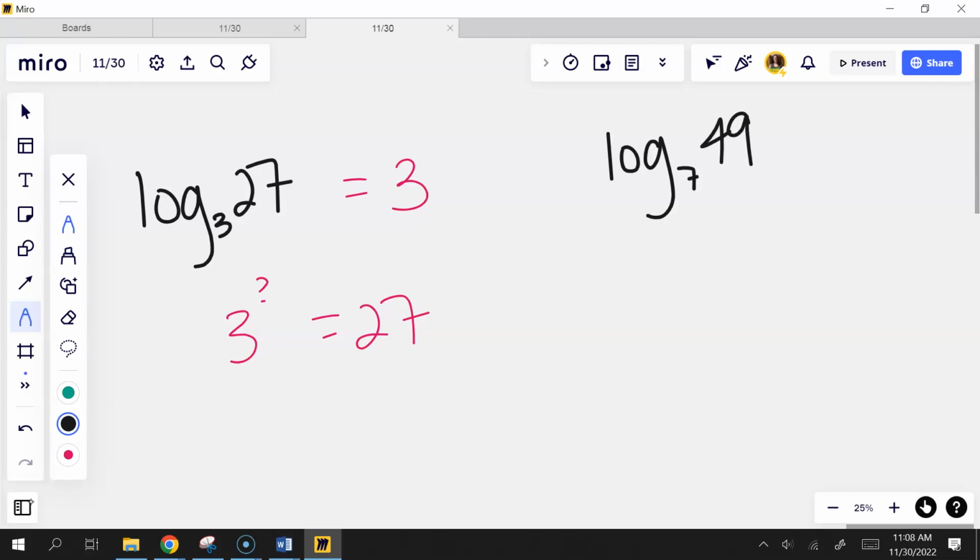What's that equal? Why? What power would you need to raise 7 to get 49? What's that equal? 2, 4, 8, 16, 32, 64.